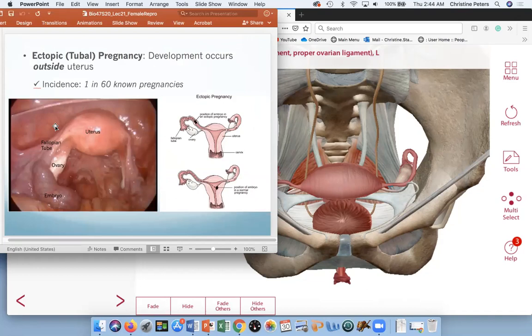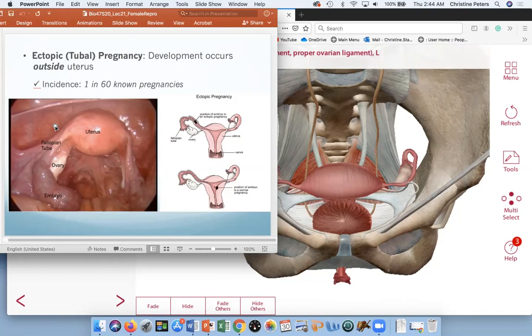But the most common site for what we call ectopic pregnancies, and this means a pregnancy that's occurring outside of the uterus, is going to be one that occurs in the fallopian tube. And that's because it's fairly easy for sperm to swim up, because they're self-propelling, up a fallopian tube that may be somewhat blocked or maybe kinked a little bit.